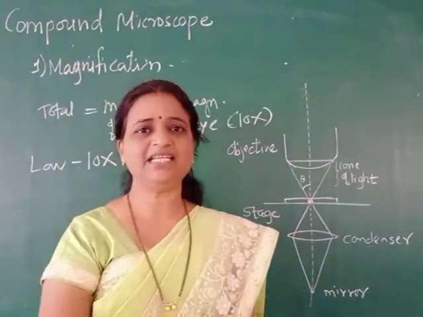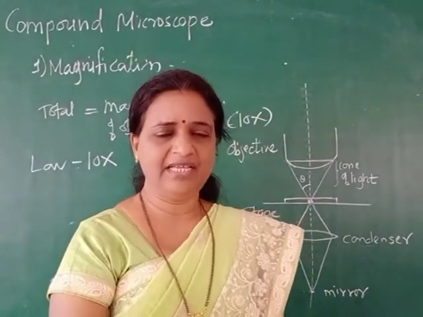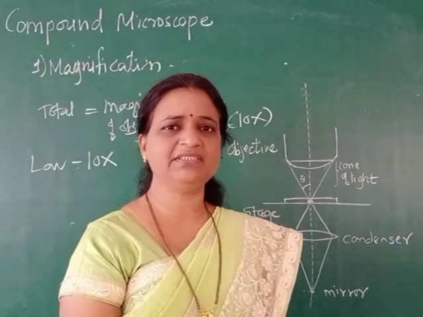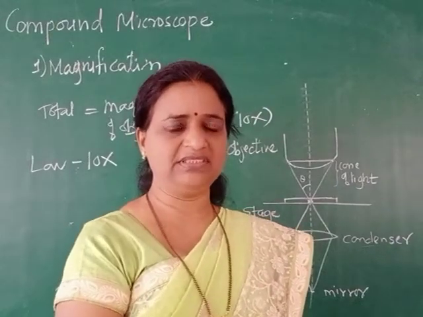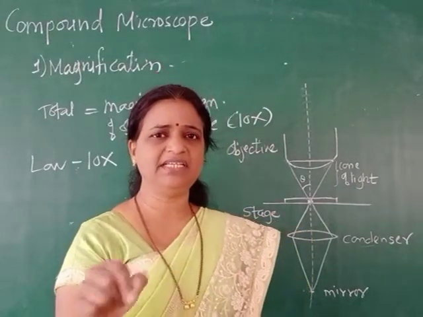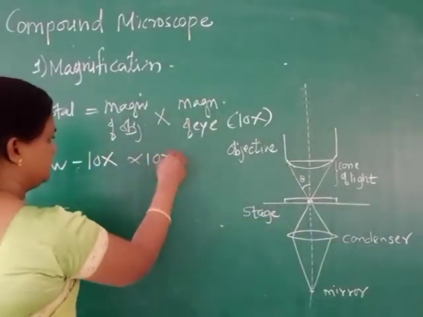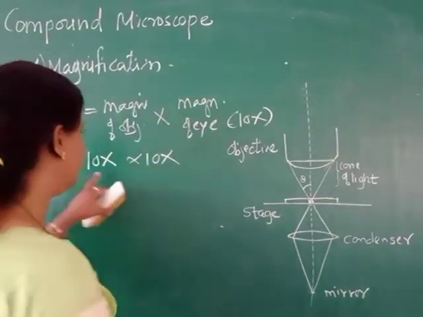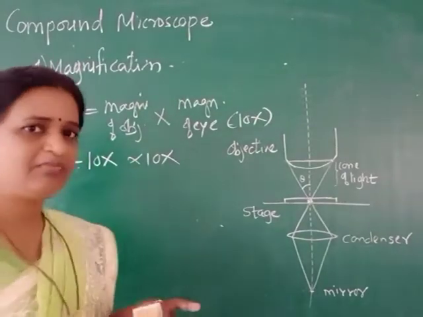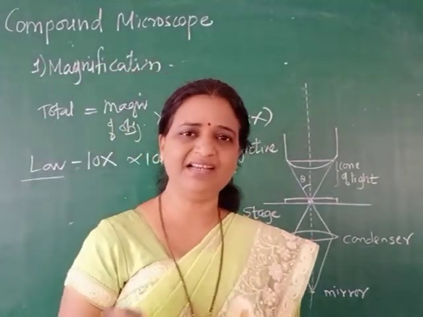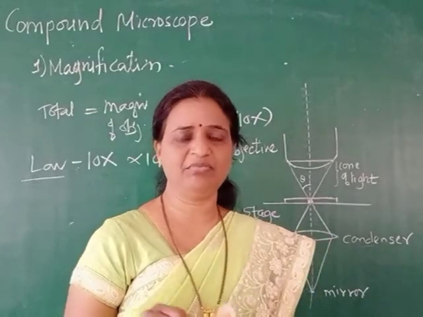You may replace the eyepiece by another eyepiece with more magnification, that may be 15x or 5x. Usually eyepieces having 10x magnification are used, so it will be constant. So 10x into 10x is 100x. With the low power objective we get 100x total magnification of the microscope.